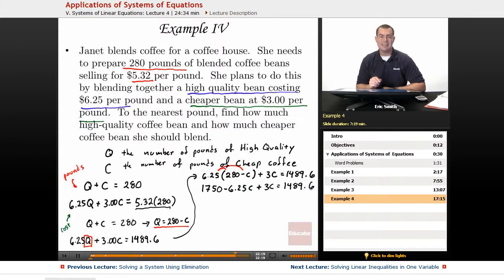Let's combine our C terms. Minus 3.25C equals 1489.6. Okay, so we almost have C all by itself. Let's get there by subtracting the 1750 from both sides.